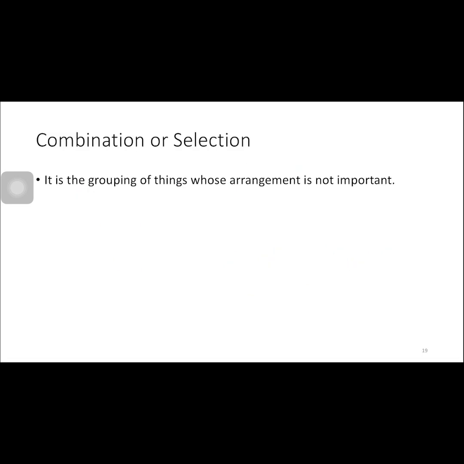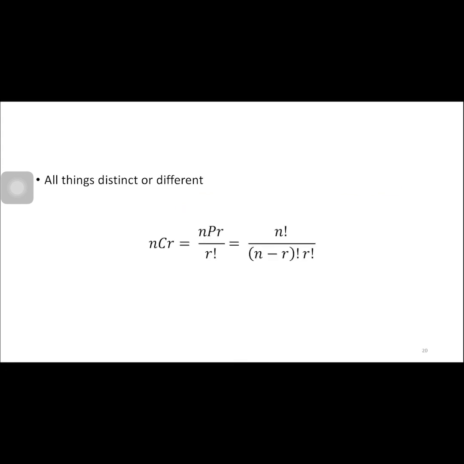So, for the combination or selection: if in permutation, arrangement or order is very important, in combination, it is the grouping of things whose arrangement is not important. First case under combination is when all things are distinct or different.